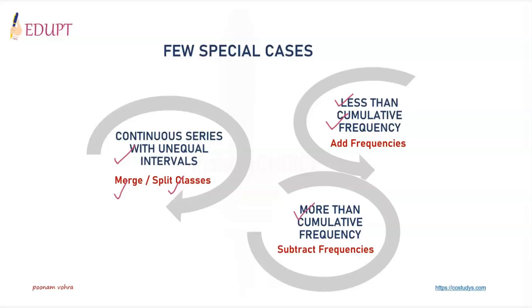In the case of less than cumulative frequency distribution, one needs to keep adding the successive frequencies to the values of the classes. And in more than cumulative frequencies, one needs to successively deduct the frequencies of the values of classes. These aspects will be more clear with the examples, which will be discussed in the next few minutes.